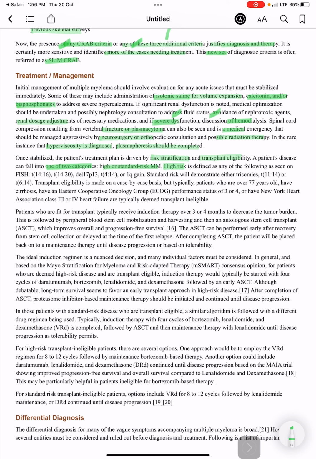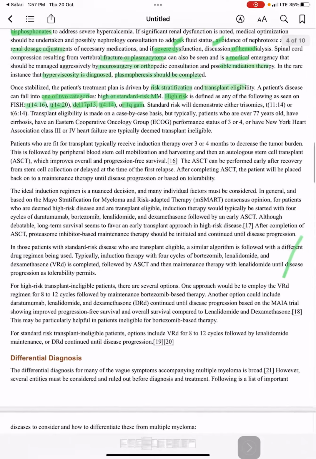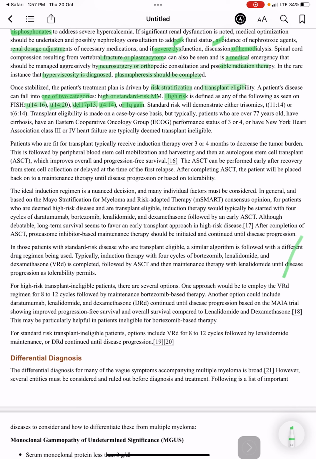So high risk means that on FISH we can see t(4;14), t(14;16), t(14;20), 17p13 deletion, or 1q gain.